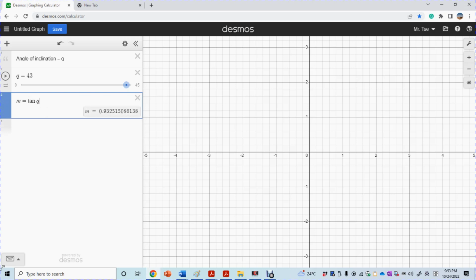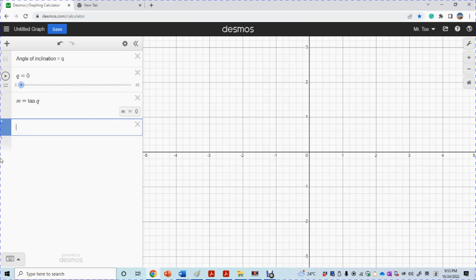So right now you will get the m value corresponding to different values of q. When you change your q value, you can see m changing as well. When q is 45, the slope is 1.